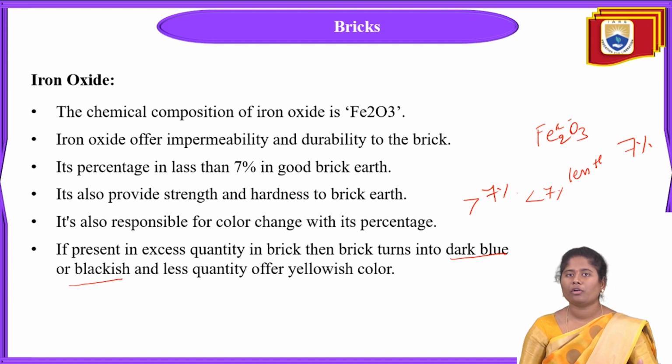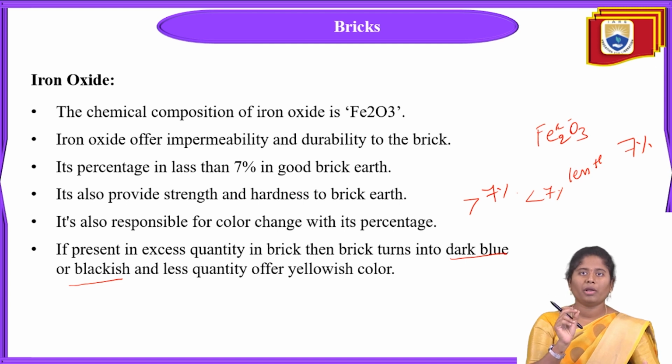That's why the limit is less than 7% only. If we add an excess amount, the color changes from red to dark blue or blackish color. If we add too little iron oxide, it changes from red to yellowish color.